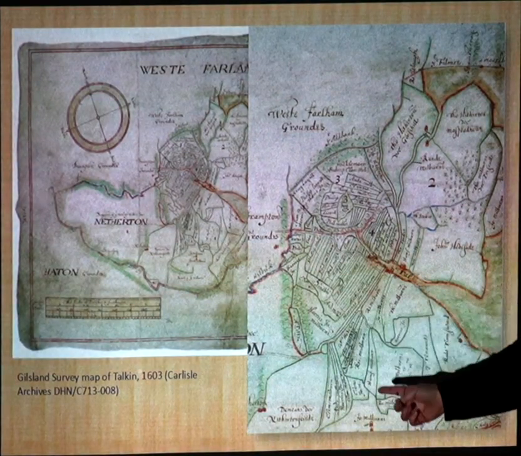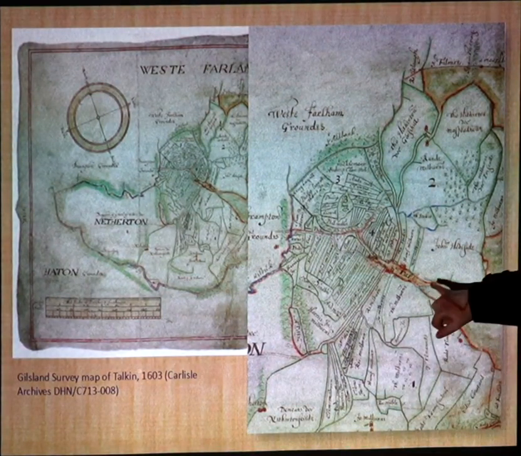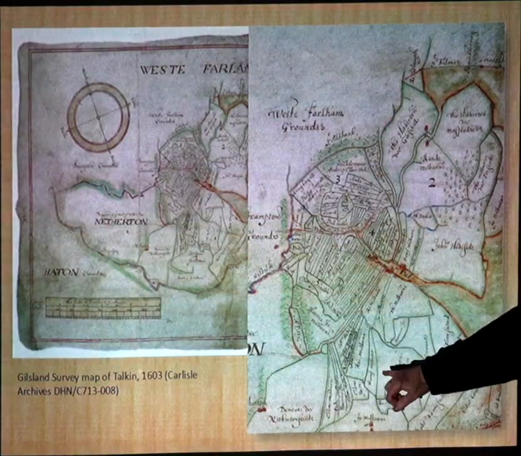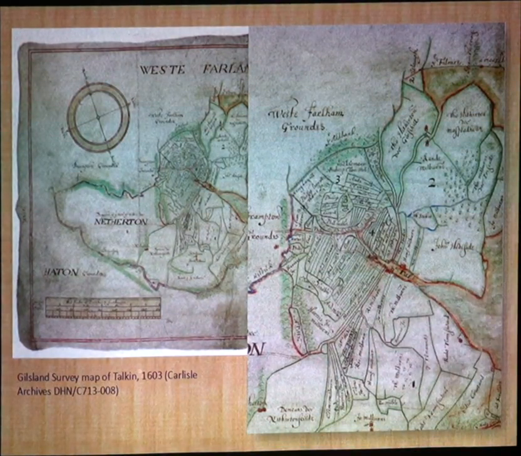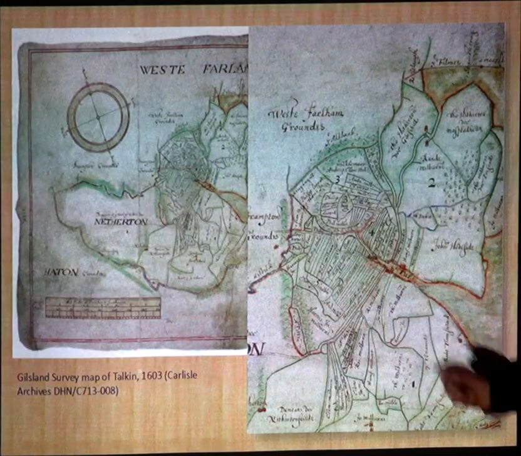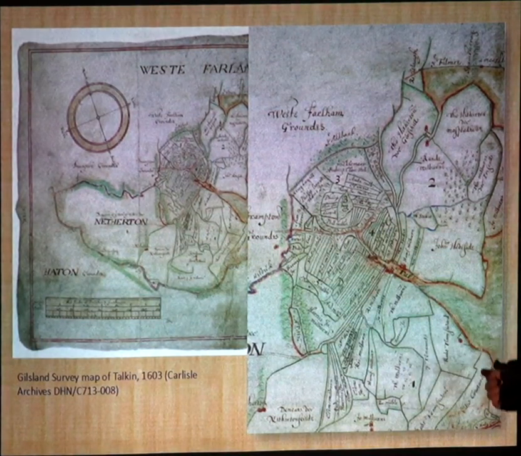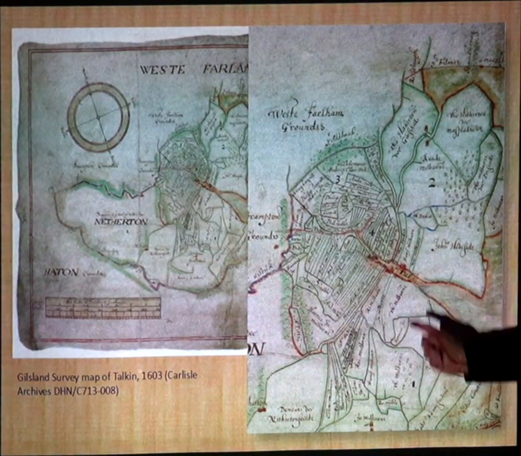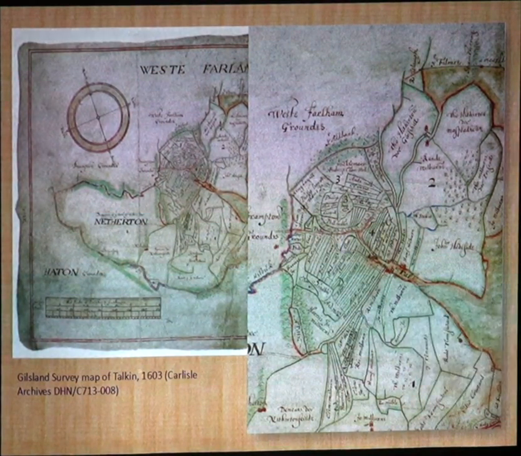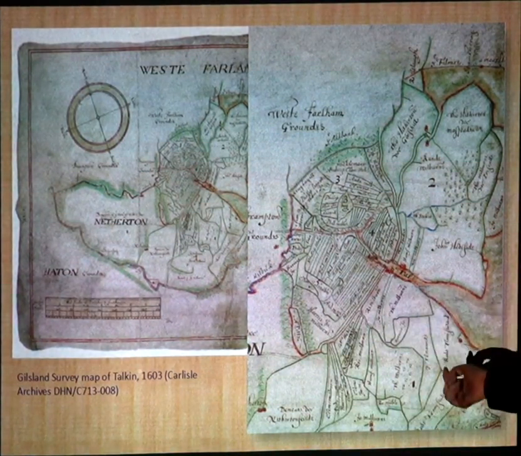Down here, you've still got the common field, but they've been enclosed, you've got solid lines, and in many places they've been consolidated. So Thomas Milburn, which is the name on here, has got possession of these fields. He's obviously swapped with people to get bigger blocks of land and has enclosed them all to be one.